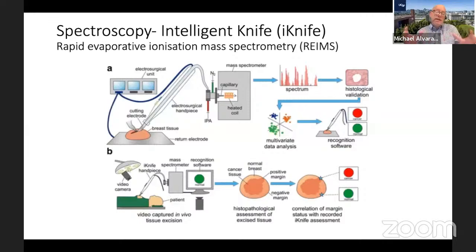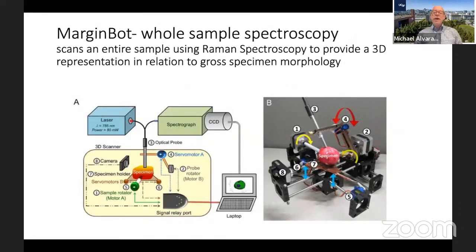I think that's pretty amazing, but also maybe a little bit crazy. We have this called the MarginBot, whole sample spectroscopy, which scans the entire sample using a specific type of spectroscopy to provide a representation of the gross specimen morphology.